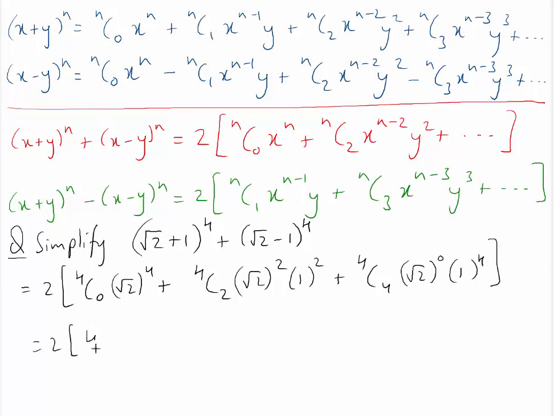This would become 4 plus 4C2, which is 6, multiplied by 2, plus 1. So this would become 12 plus 4, which is 16, plus 1 is 17. So 2 into 17 would be equals to 34.